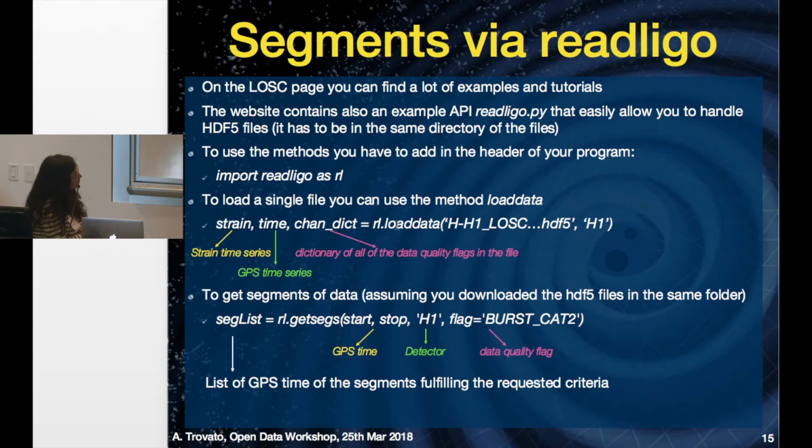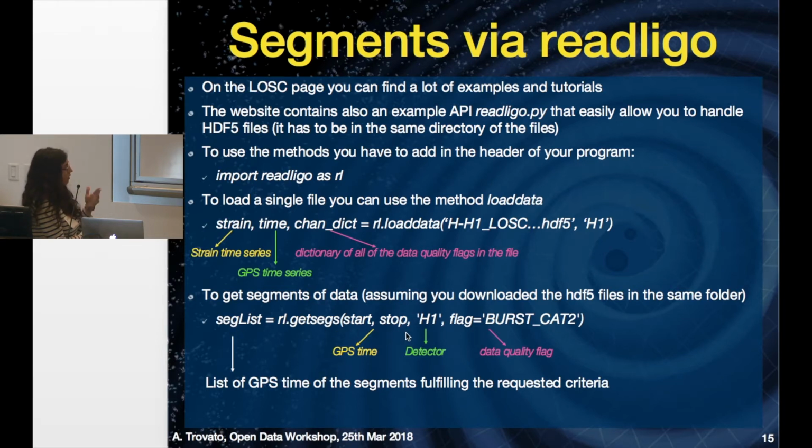You probably don't see this color, but it's the dictionary of the data quality flags. And so you need to specify the file and interferometer. Then with this other method, get segments, you can download the list of GPS of the segments, so the list of start and stop of the GPS.